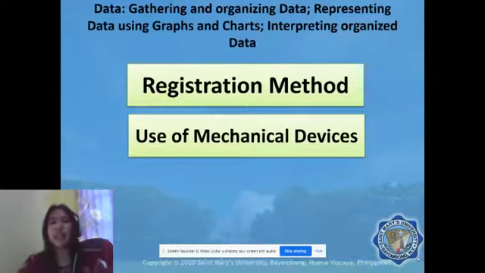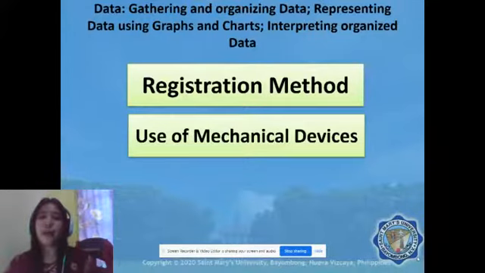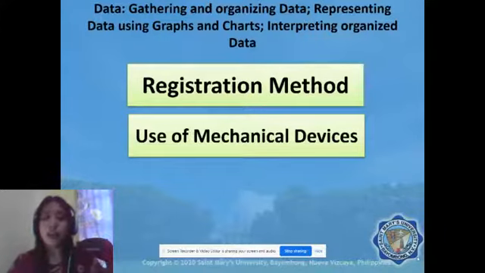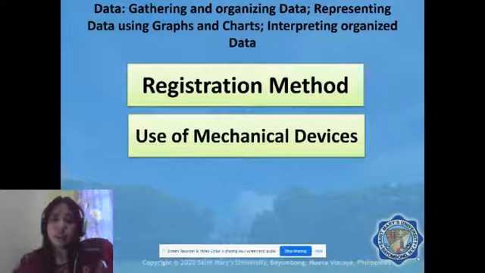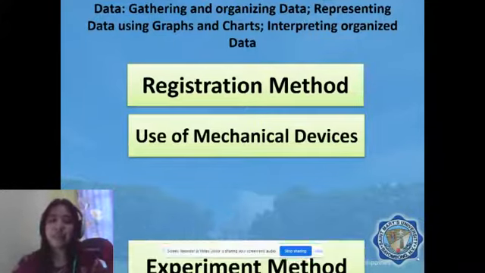And then the use of mechanical devices, if you will gather your data with the aid of mechanical devices. So in science, for instance, they use microscopes, weighing scales, or in social sciences, they may also use recorders, PowerPoint, laptops, so all other mechanical devices.